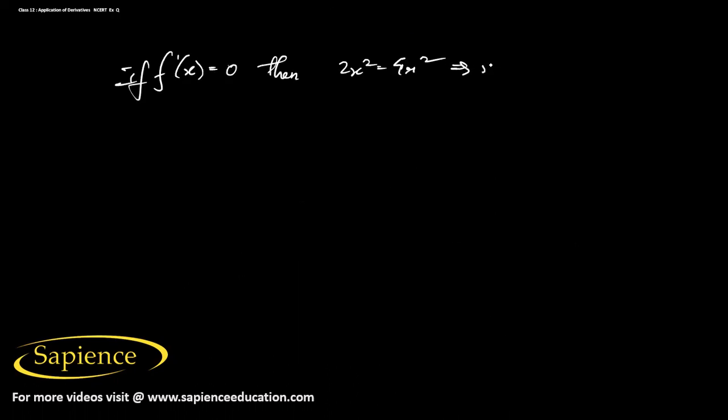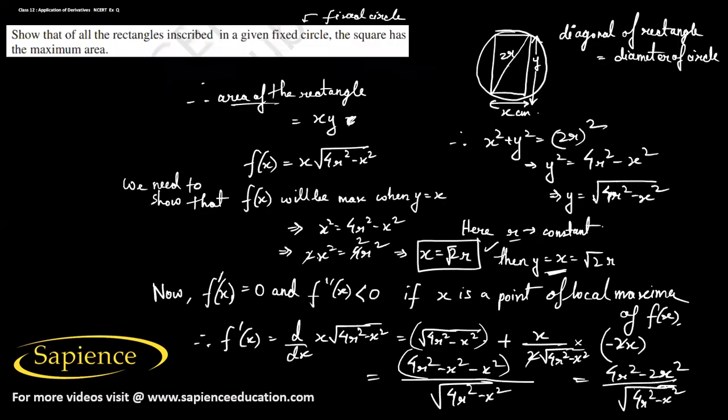So it means that x square should be equal to 2r square, that is x should be equal to root 2r. And here we should say that x should not be equal to 2r.